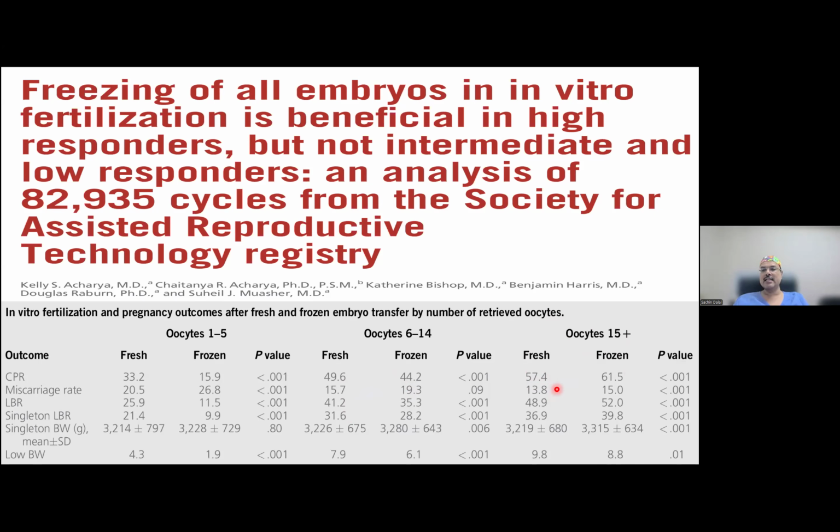Similarly, miscarriage rates are still lower in fresh transfers, and live birth rates are slightly higher in the frozen transfer. So, what we can conclude from this slide is that up to 15 oocytes, you might want to do a fresh embryo transfer, and that is something that we follow at our center. Only if it is more than 15, that is when we would do a frozen embryo transfer.